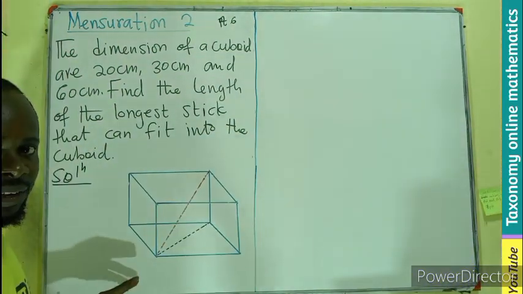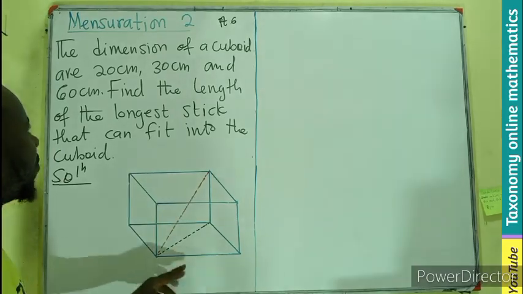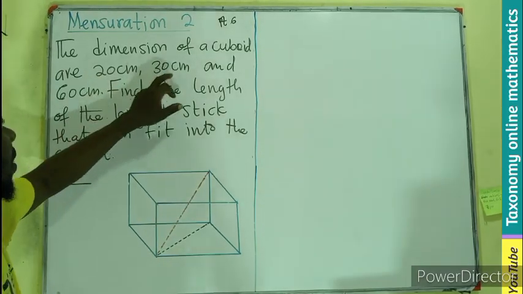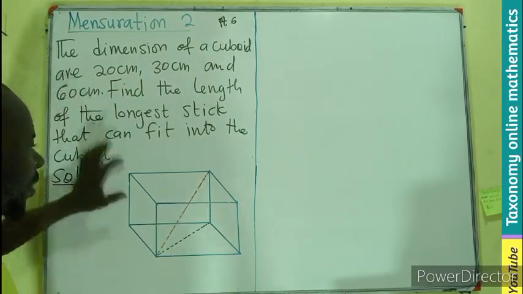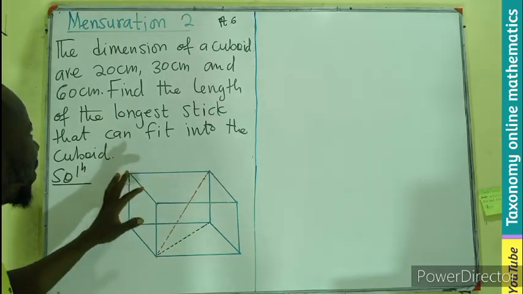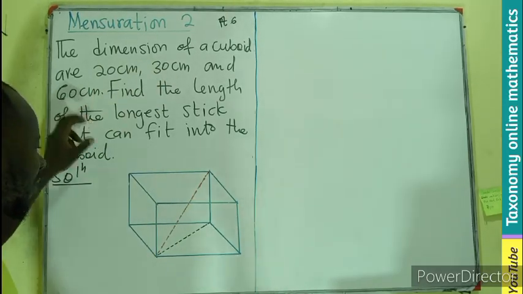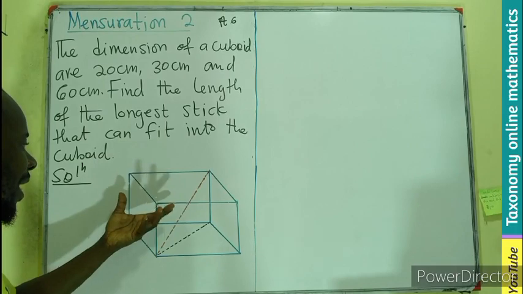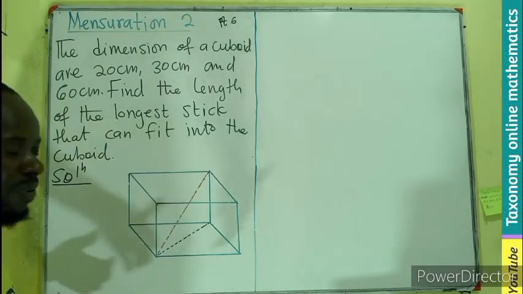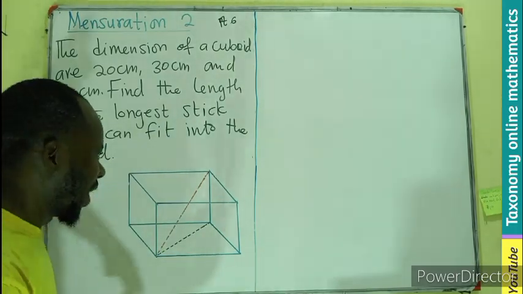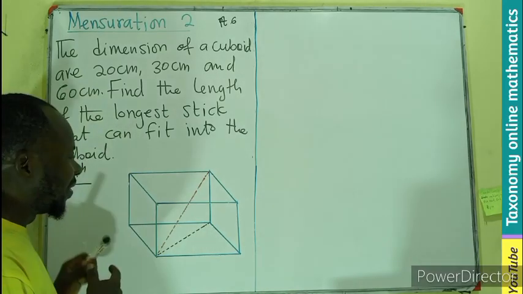Good. So if this is the cuboid we are having, 20, 30, 60 could mean any of the dimensions: length, breadth, or height. The height can also be long, but in this case, as we are having our dimensions, we can see the longest side to be the 60.